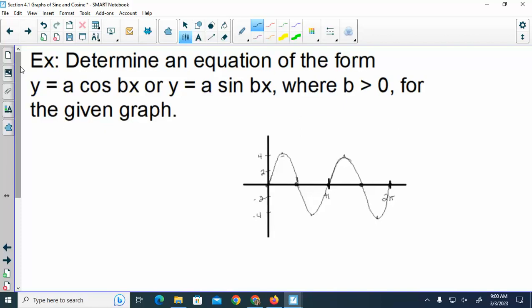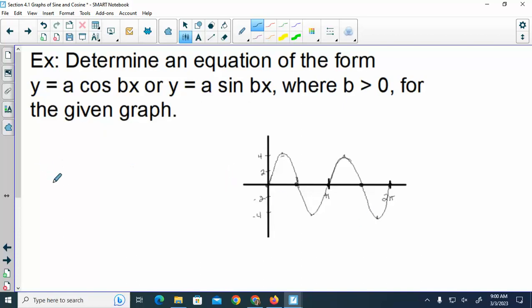So one more like that. So, first question is this sine or cosine?